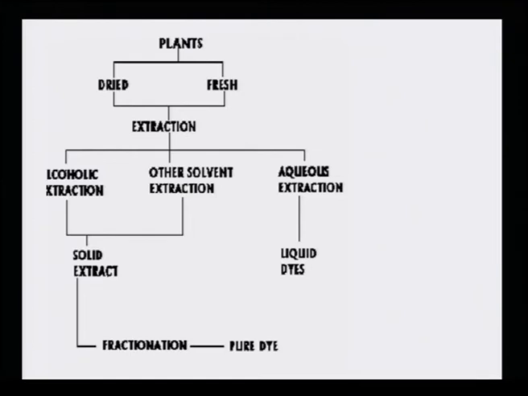So, by gradual removal of water, it can be concentrated, and then the solid extract can be further fractionated and passed through column chromatography, as we learnt yesterday, that column chromatography not only helps in identification of the compound, but it also helps in the separation of various dyes that may be present together.